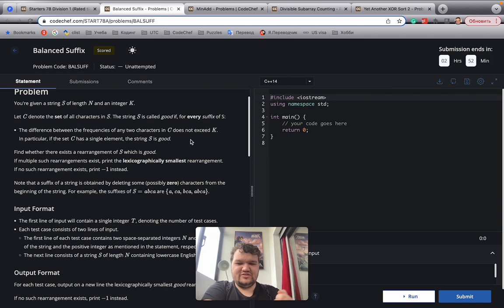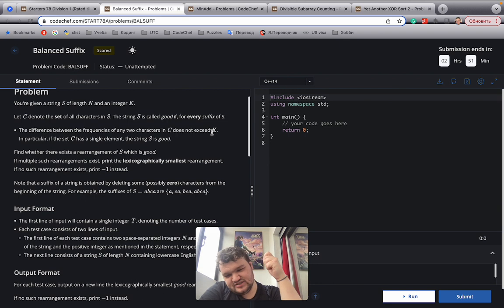How does the rearrangement work? We go left to right and put elements, like we have a bank of characters, and we take one from the bank and put it on the next position, and that will decrease its frequency by 1. So each time we want to take the smallest character that will not ruin our property and put it there. How can taking an element ruin our property?